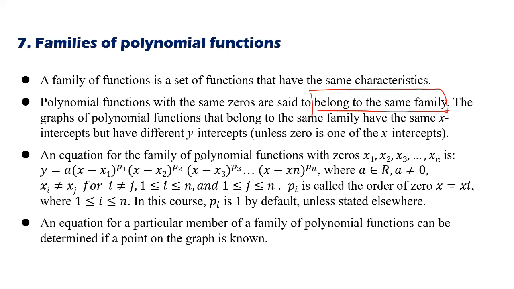An equation for the family of polynomial functions with zeros x1, x2, ..., xn is y equals a times (x minus x1) raised to the power of p1, etc., all the way down to (x minus xn) raised to the power of pn, where a belongs to the real number set, and a is not 0.